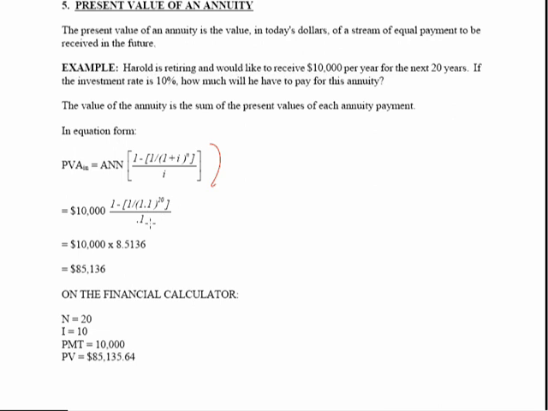That all divided by 0.1. And that factor equals 8.5136, and we simply multiply that times $10,000. And that gives us $85,136. So the answer to our question, how much is an annuity of $10,000 per year for the next 20 years worth in today's dollars, that answer is $85,136.